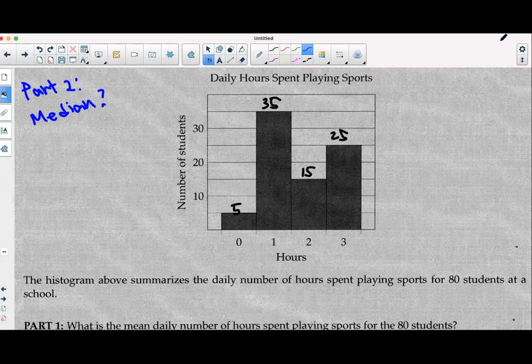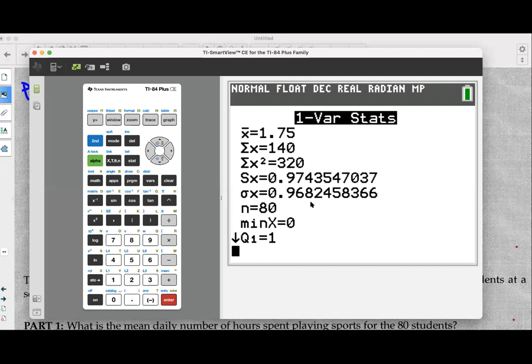So once again, in case of the median as well, we're going to try to do this one in two different ways. One, by hand, the other one using the calculator. Since we used the calculator already, let's continue with the calculator and see what happens. Do you guys remember this was what we ended up getting before?